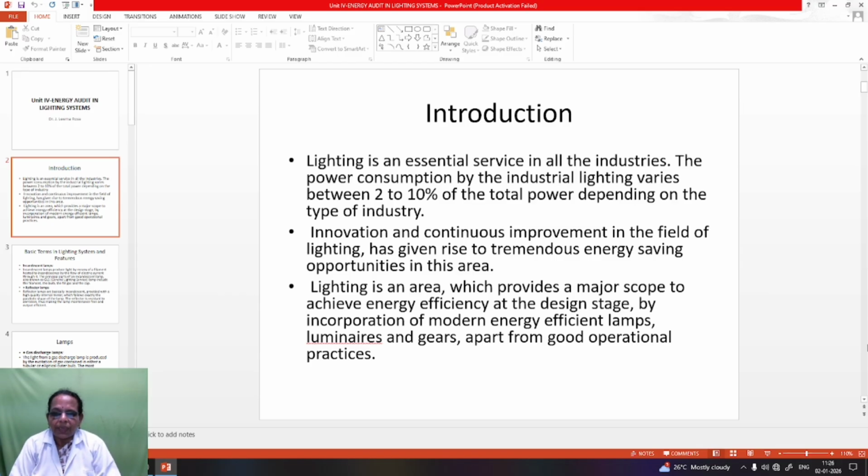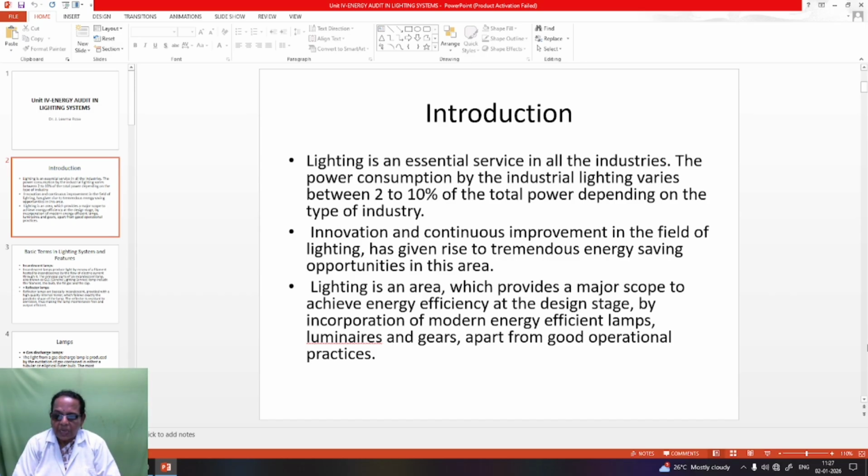For introduction, lighting is an essential service in all the industries. The power consumption by the industrial lighting varies between 2 to 10% of the total power depending on the type of industry. Innovation and continuous improvement in the field of lighting has given rise to tremendous energy saving opportunities in the area.